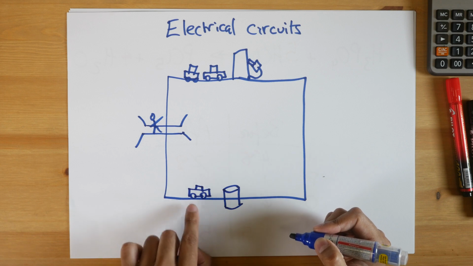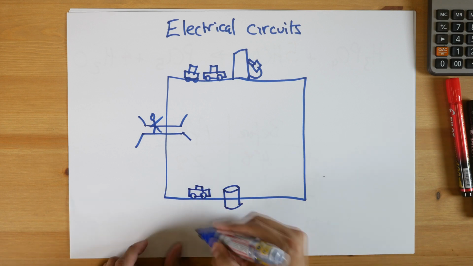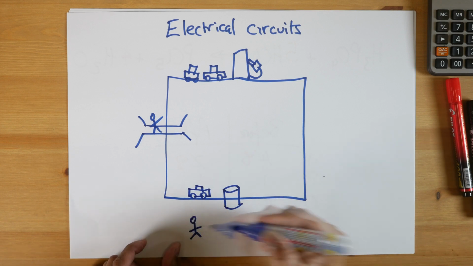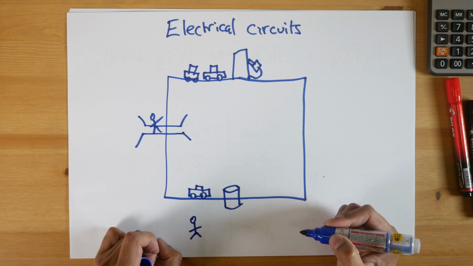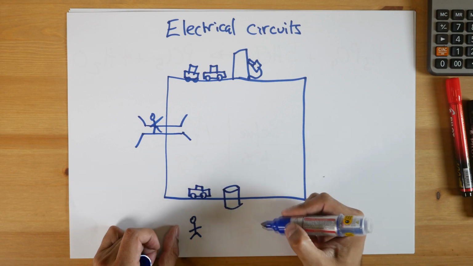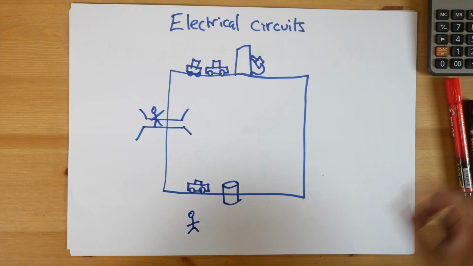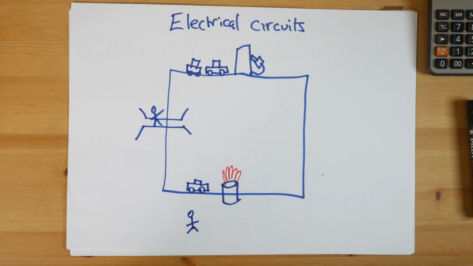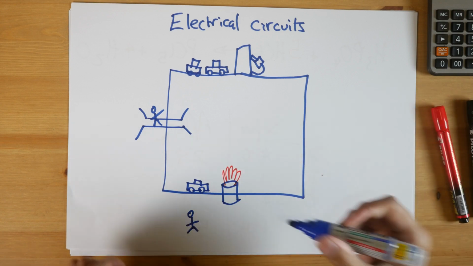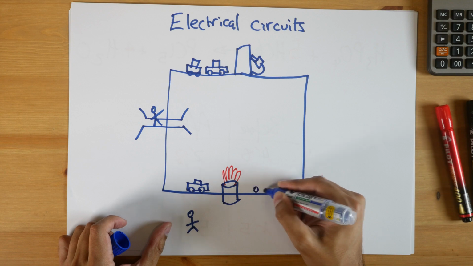So when one of the cars comes up, the man gets out, there's another man, and he measures the amount of fuel that's in the car. And then the dude in the car burns all of the petrol. He gets back into his car over here.